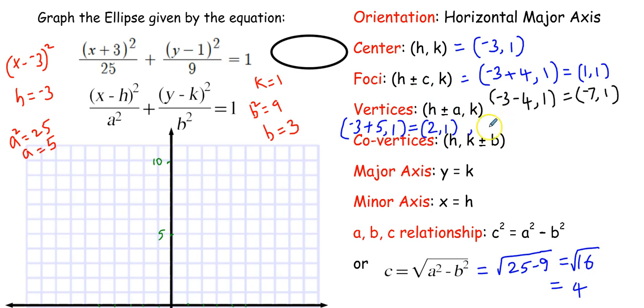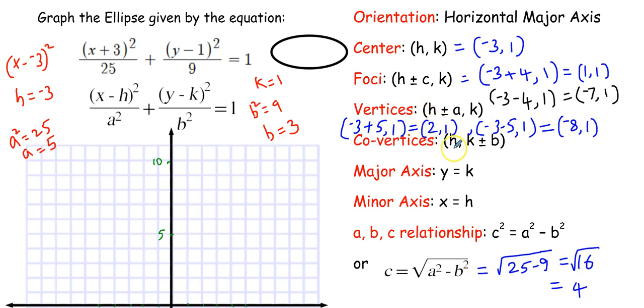And the other one is negative 3 minus 5 comma 1. So it will give us negative 3 minus 5 is negative 8 comma 1. That is the second vertex.